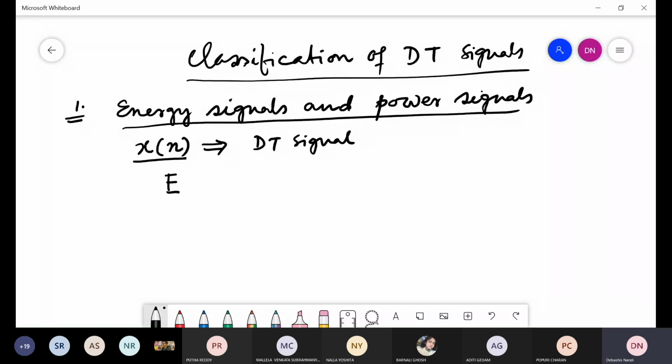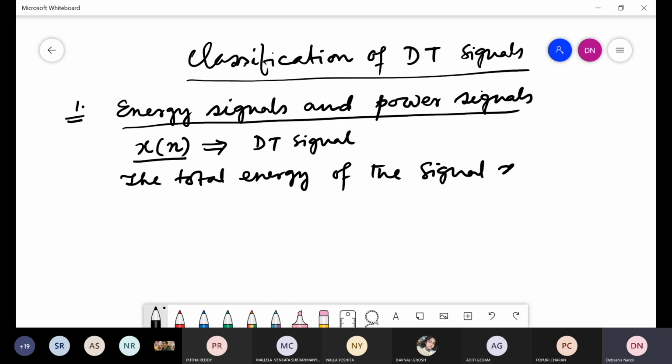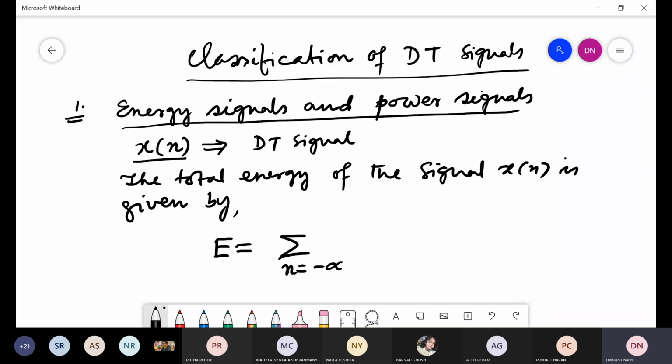This is actually the total energy. The total energy of the signal Xn is given by E, and this E is equal to summation n is equal to minus infinity to plus infinity of mod Xn square. This is the equation.